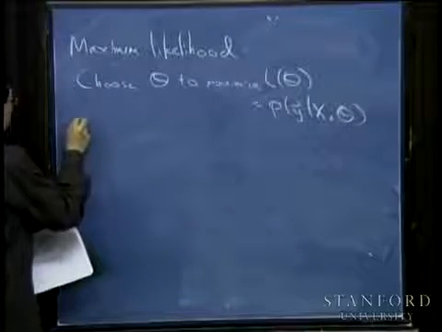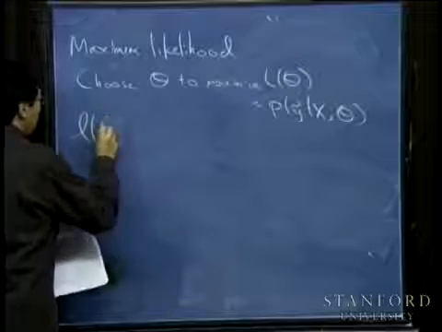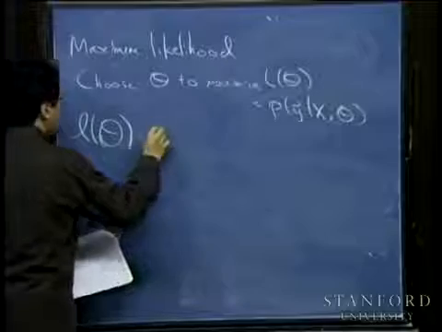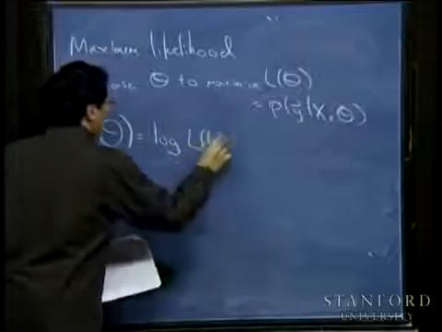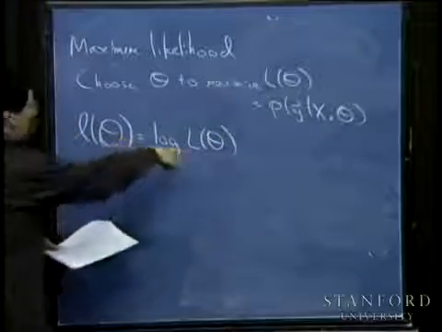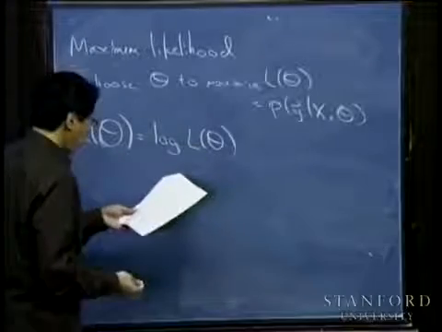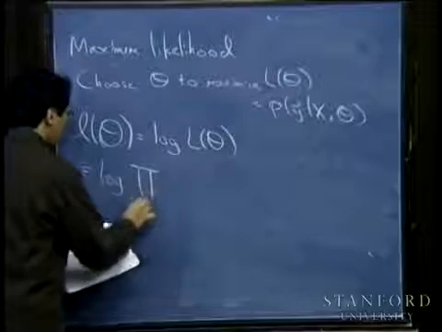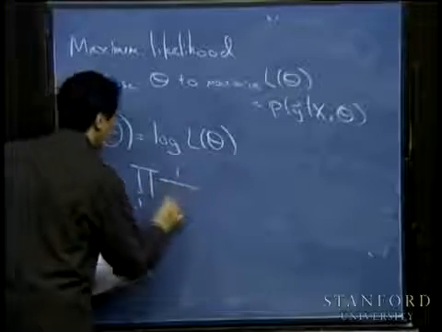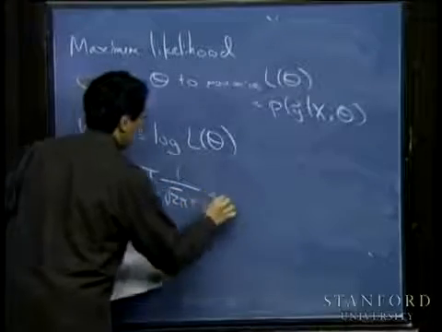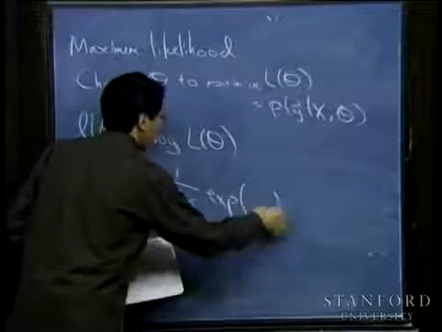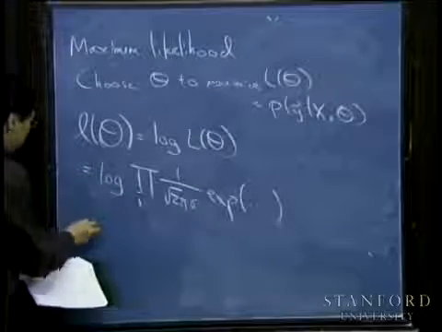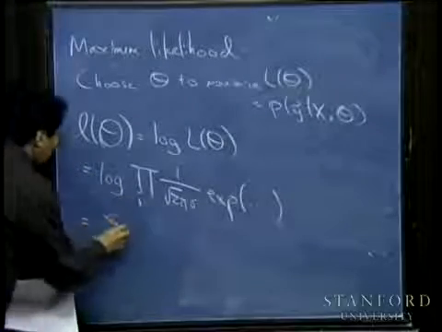And so, for mathematical convenience, let me define lowercase l of theta. This is called the log likelihood function, and it's just the log of capital L of theta. So this is the log of the product over i of 1 over root 2 pi sigma, e to the that, and I won't bother to write out what's in the exponent for now. It's the same as from the previous board.